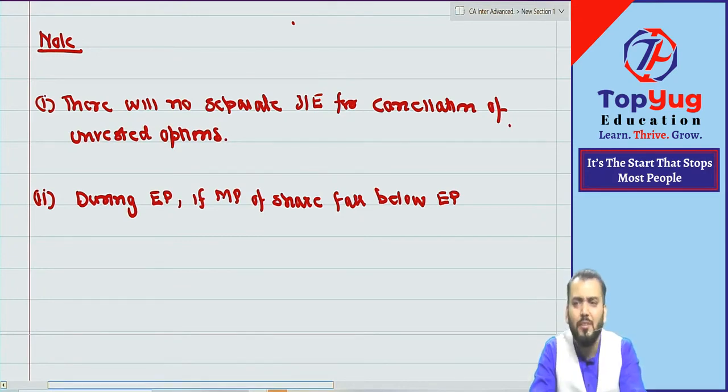Automatically they will not exercise because they can purchase from the market.